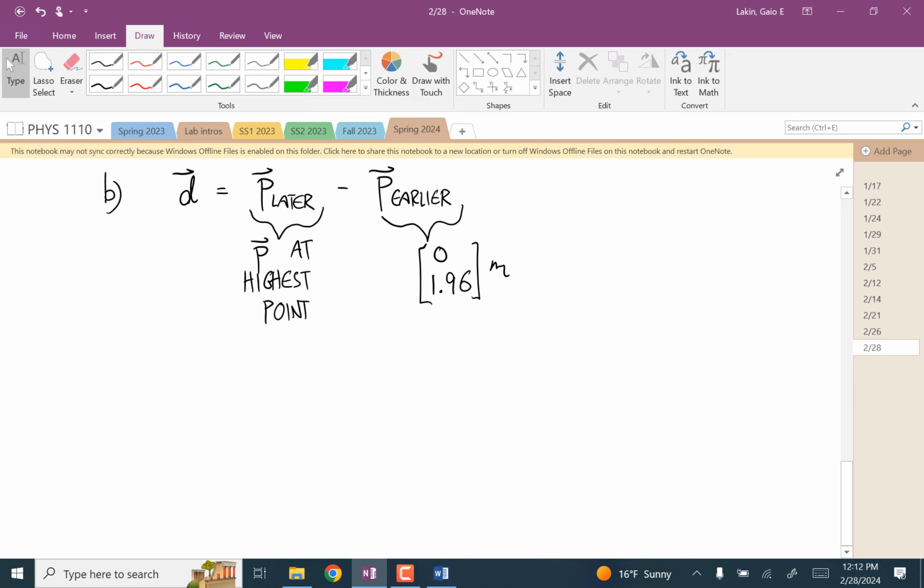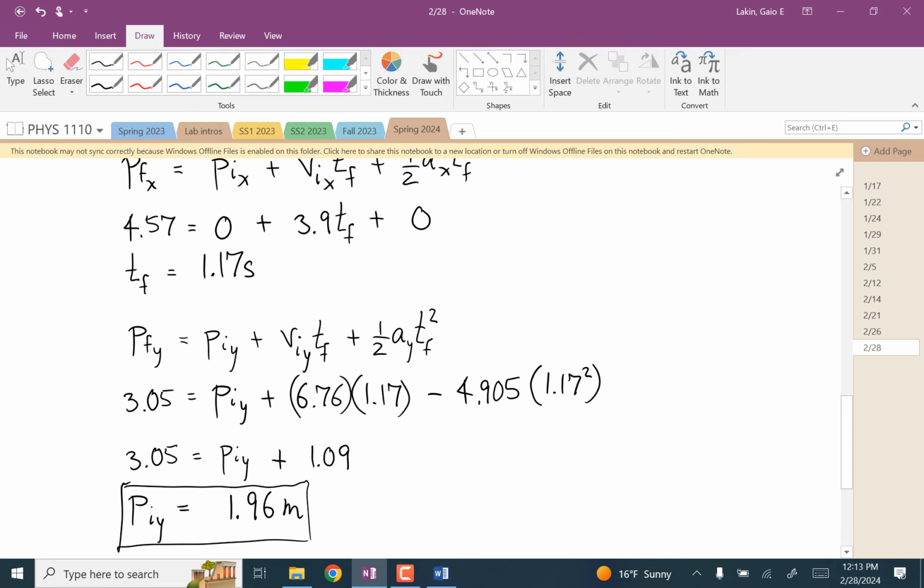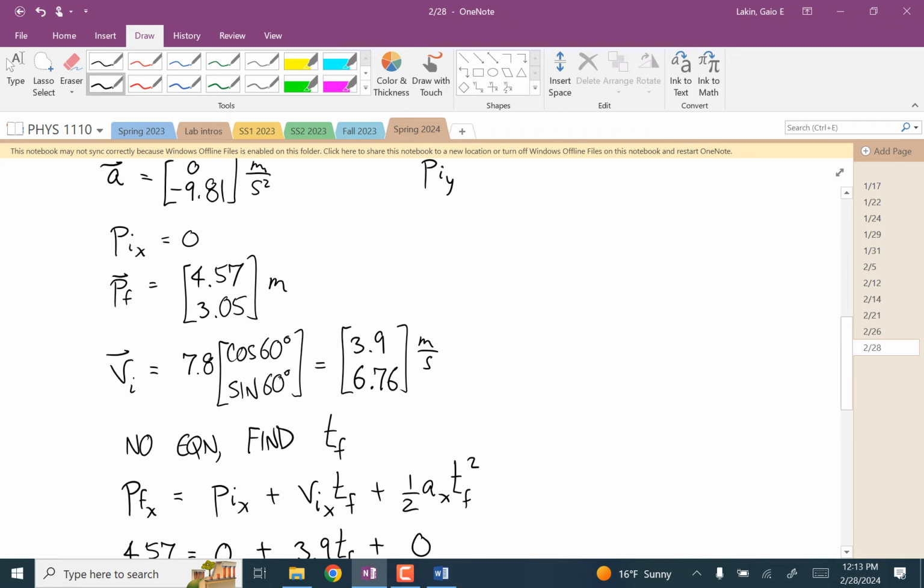In order to do that, we have to choose a new instant to be our time final. We can still use when it's released to be our time 0, but our time final is now going to be when it reaches the highest point. Which means that any of our final stuff that we knew here, like our position final, is all changed now. We're talking about a totally different instant.